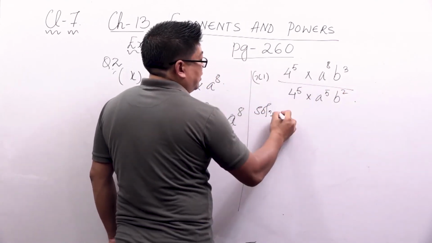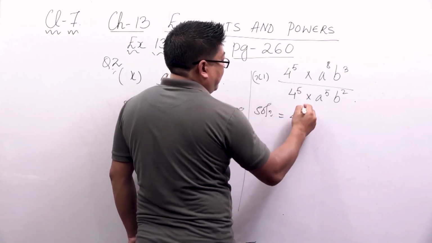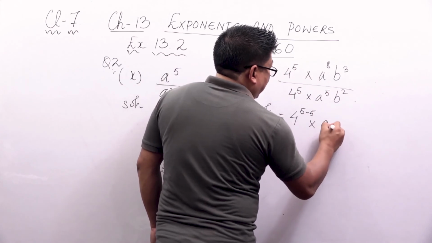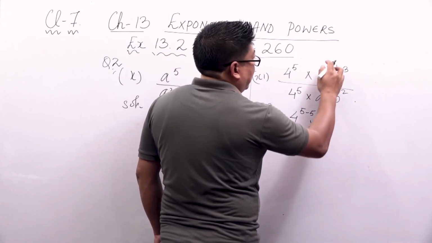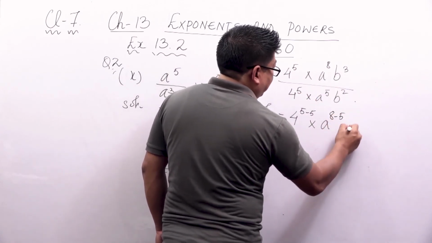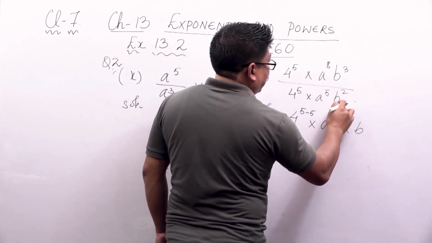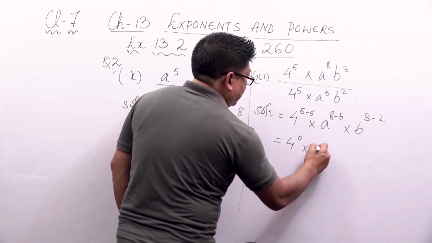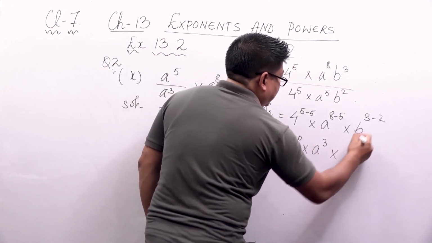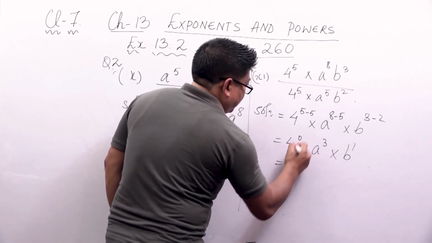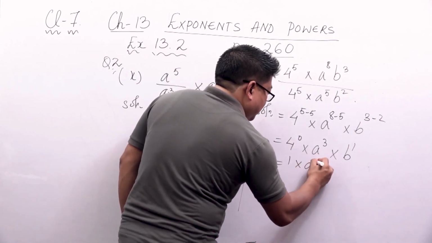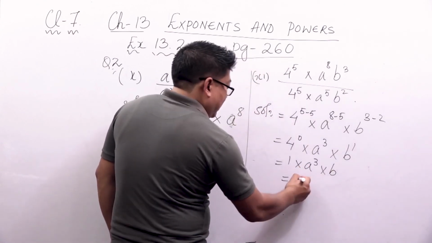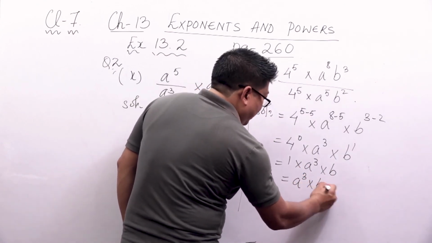So the numbers you take together, 4, it is divide, so 5 minus 5, into a, both are a, divide, so 8 minus 5, into b, okay, divide, so 3 minus 2. So I get 4 to the power 0, a to the power 3, b to the power 1. 4 to the power 0 is 1, a to the power 3 I will write as it is, b to the power 1 is b. So finally we get this.